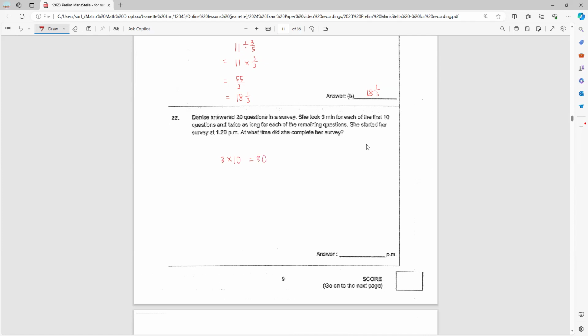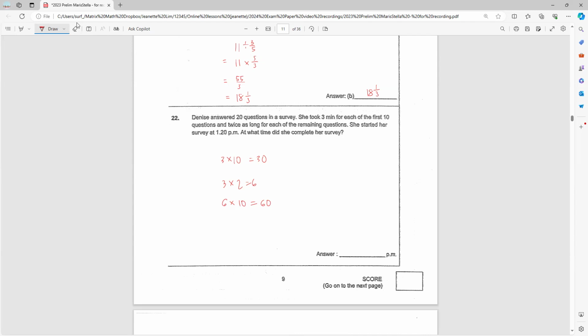Twice as long, so 6. 3 times 2, which is 6 minutes for each of the remaining 10 questions. So 6 times 10, which is 60.